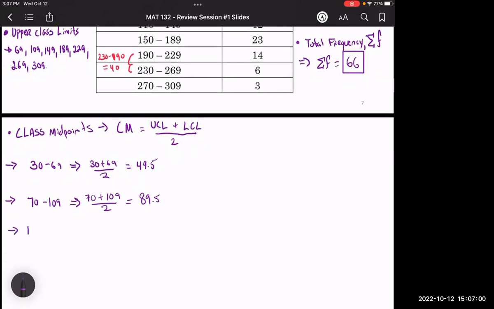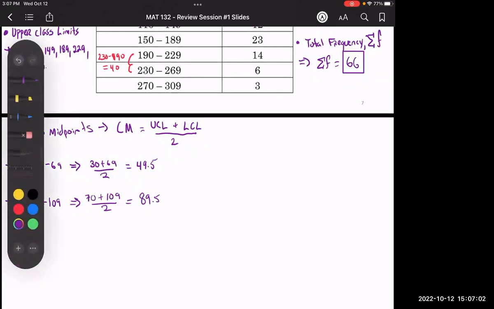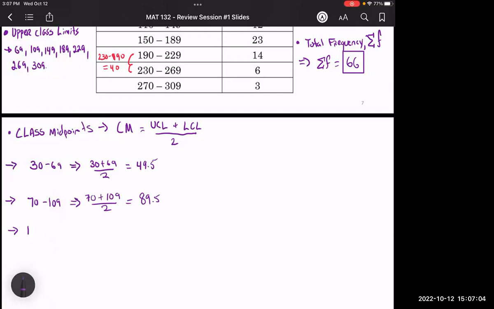The third class was 110 to 149. So this will be 110 plus 149 over 2. What would that be? 129.5.